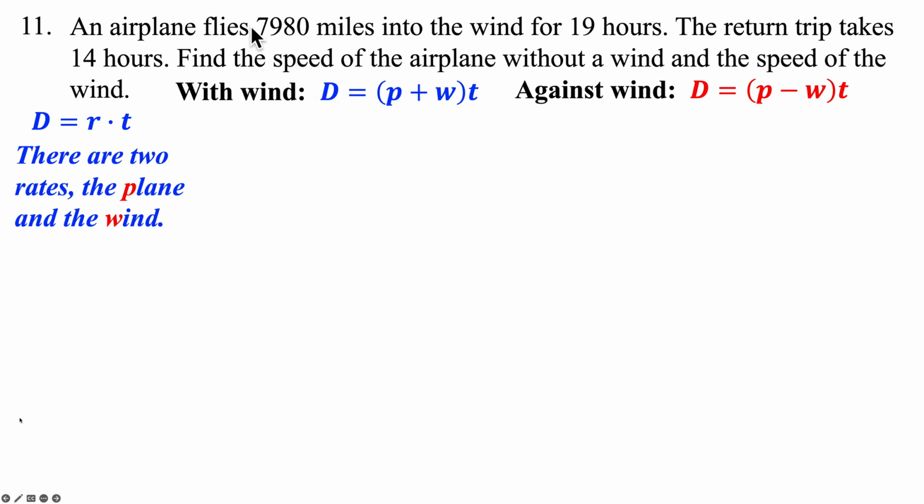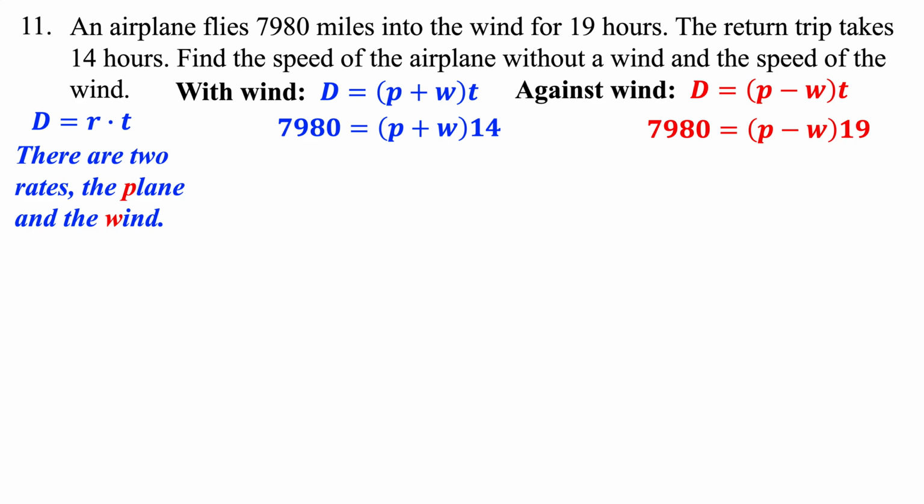So if we put in our information, 7,980 in for D, and with the wind, it took 14 hours. Against the wind, same distance, but the time was 19. Now, here's where the author is going to try to make you work harder and not smarter. Do not multiply the 14 or the 19 into the parentheses. Notice that the w's are already opposites of each other.